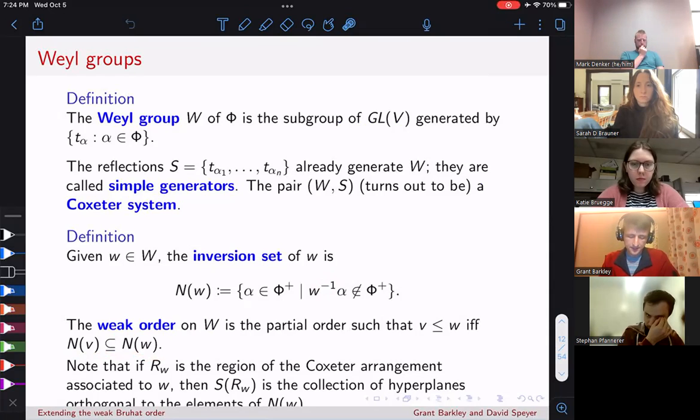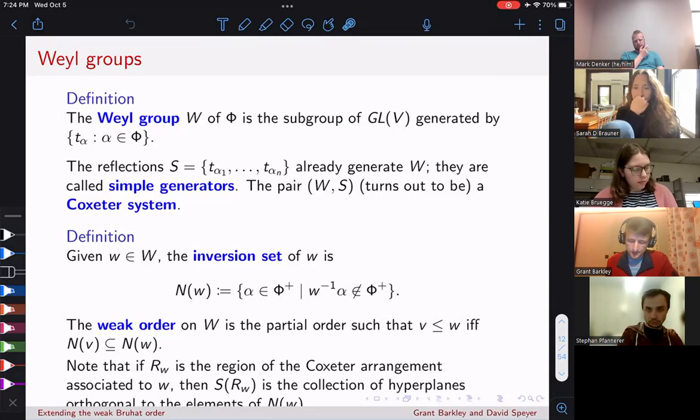And so this last thing that's getting cut off is explaining the connection between this notion in terms of roots and the notion we were looking at for the symmetric group. When we defined the weak order for the symmetric group, we looked at regions of the Coxeter arrangement. And then we looked at the hyperplanes that separate that region from the region corresponding to the identity. So what is the connection between these two things?